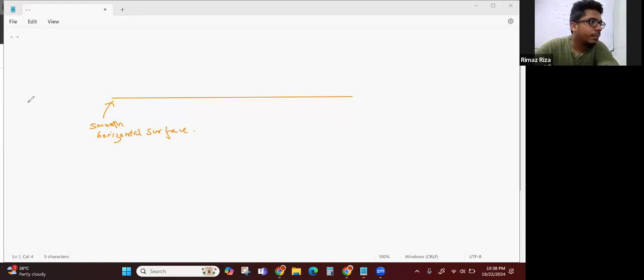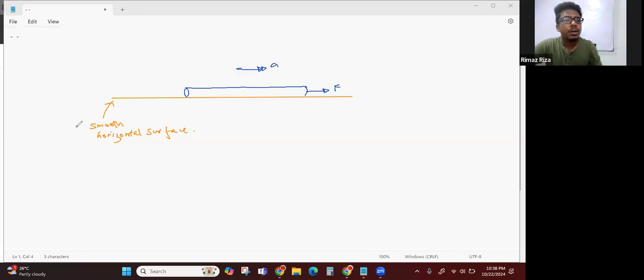So we have the weight string, applied by a force and accelerated. Acceleration is A. So if this is accelerated, the tension everywhere is different, has different values.